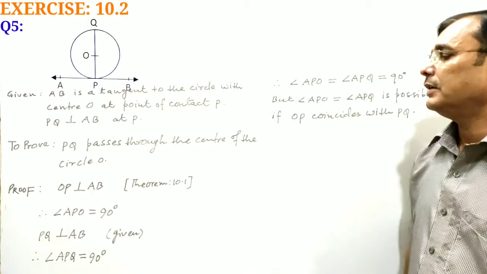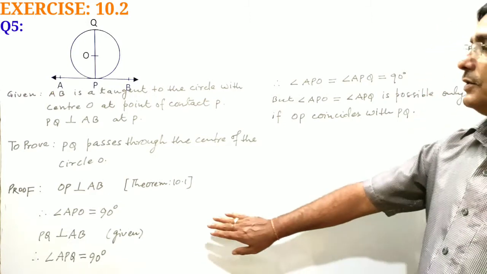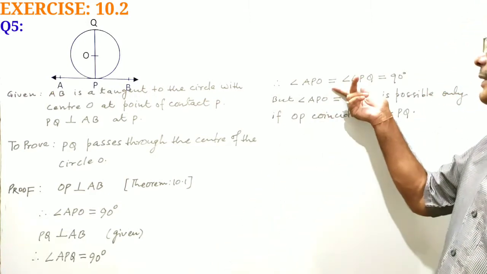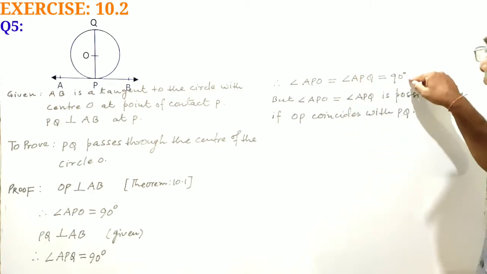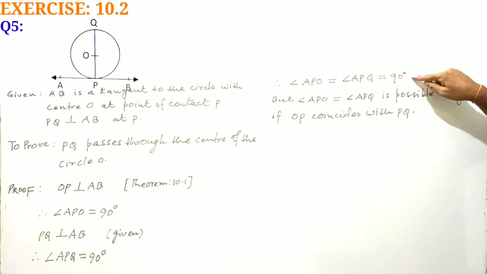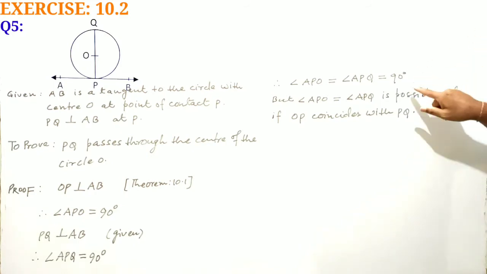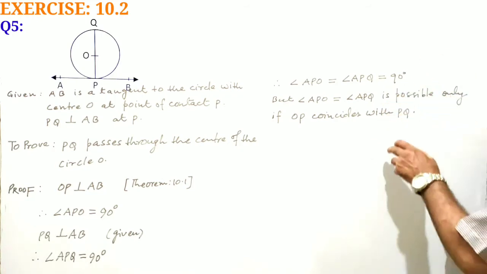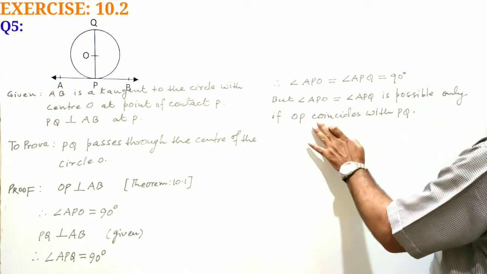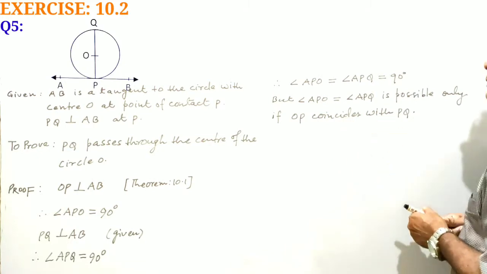This is also a true statement. Based on these two statements, we have written angle APO is equal to APQ equal to 90 degrees. So this is a logically correct statement, and for this statement to hold, OP is to coincide with PQ.